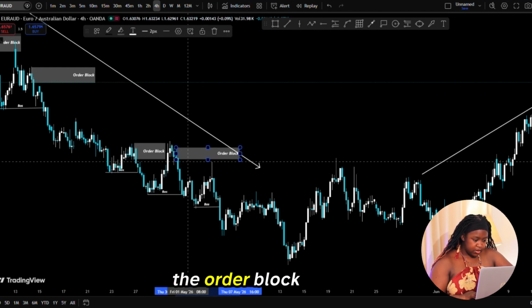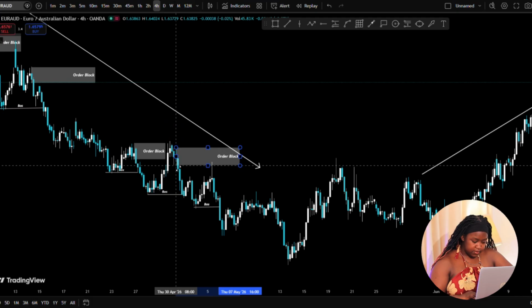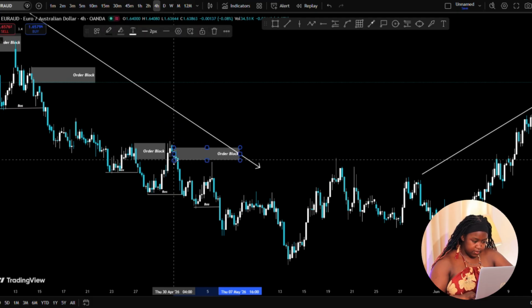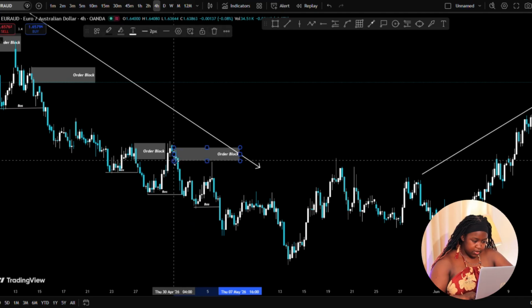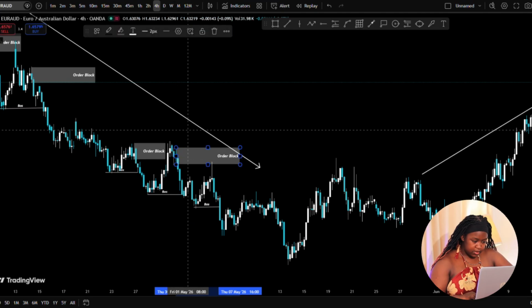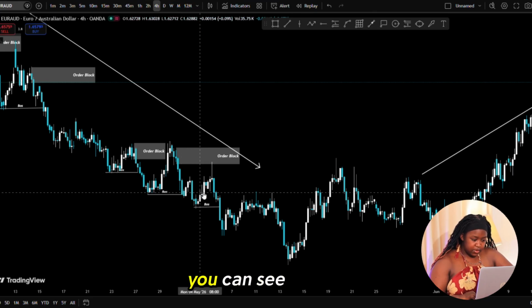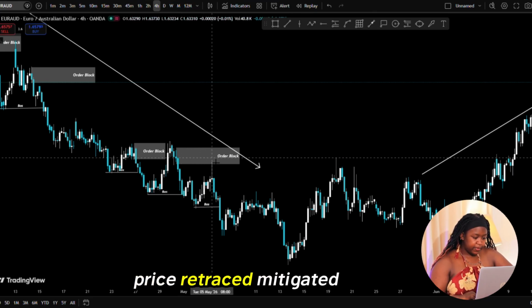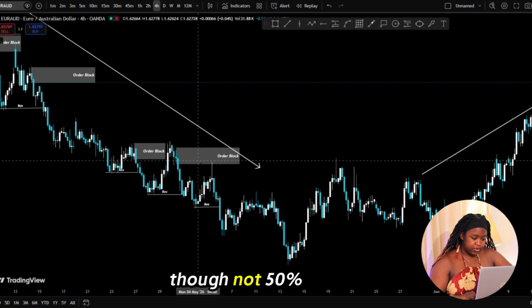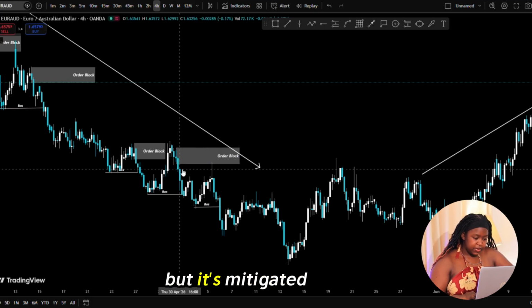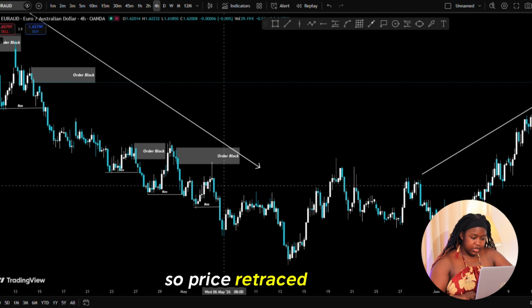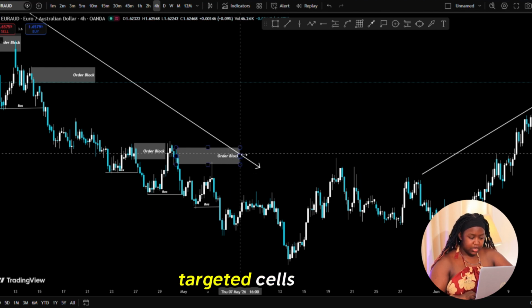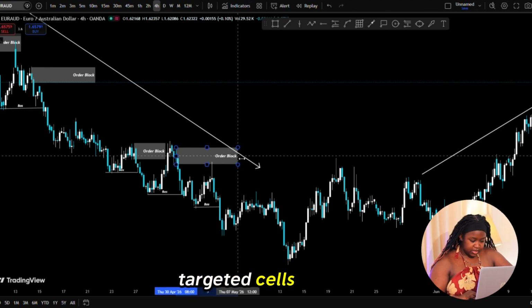So this is an order block. This is an order block. And then as you can see, price retraced, mitigated, though not 50%, but it mitigated fully the fair value gap below it. So price retraced, mitigated it, and then we targeted sales.